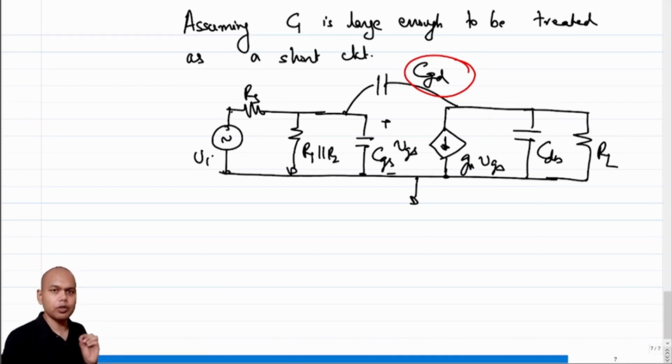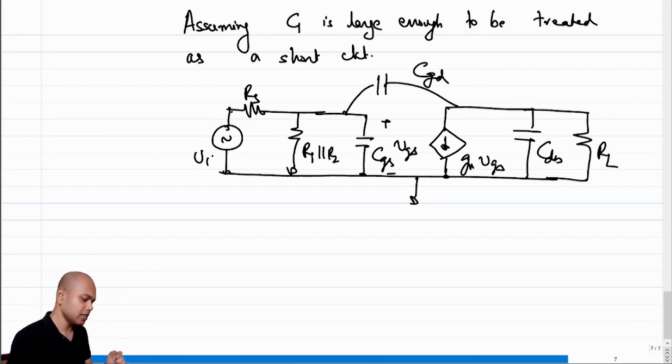CGD is going to have an impact, so we'll deal with it later. For the time being, we'll assume that CGD doesn't exist or is small enough to be neglected, and in the next lecture we'll see the impact of CGD. For now, let's assume CGD doesn't exist.